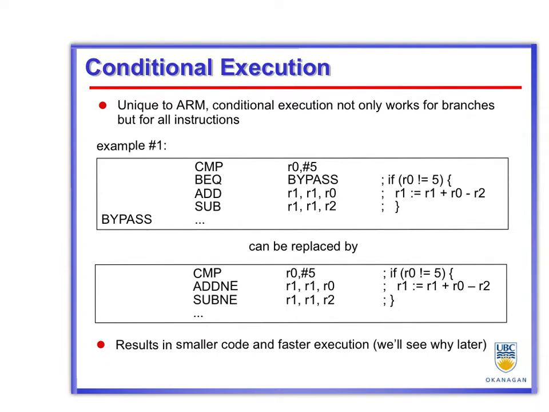Then this difference will be non-zero and the Z bit will be set equal to 0. If the add was then executed and there's no NE, but that add resulted in a 0, then it's going to set the Z bit to 1, right? So the compare set the Z bit to 0, the add without the NE, let's assume it sets the Z bit to 1. Well, now that might not be right for the subtract instruction.